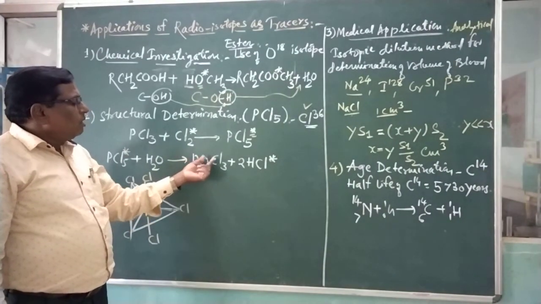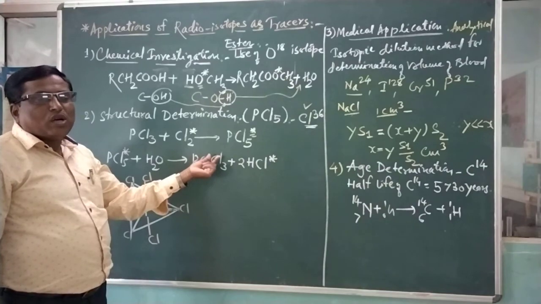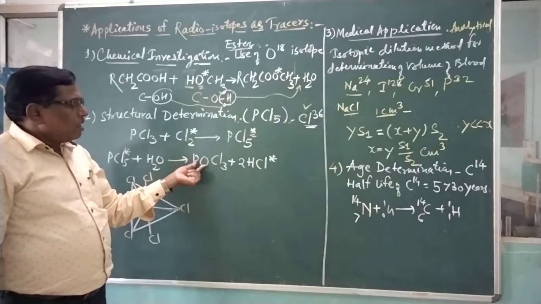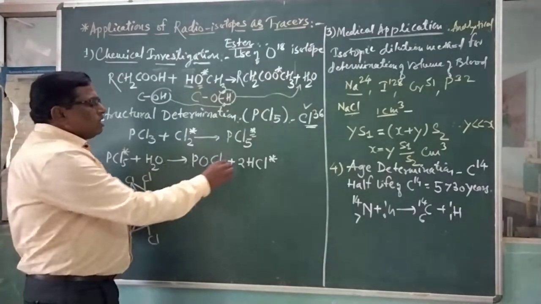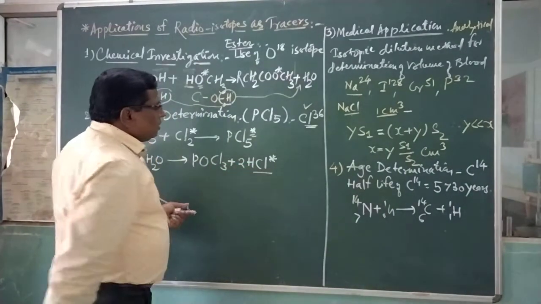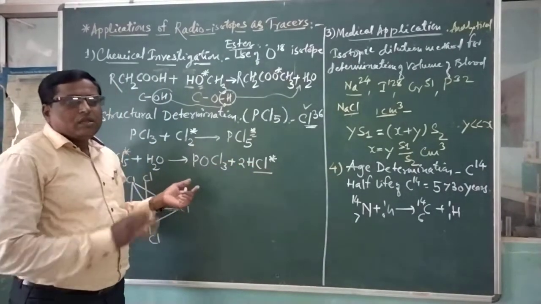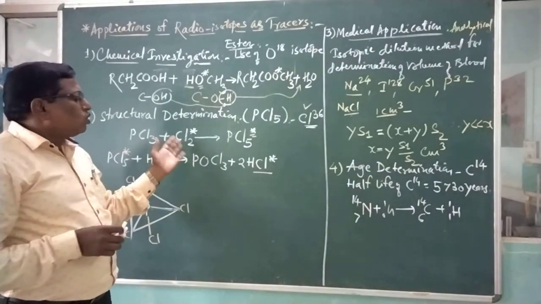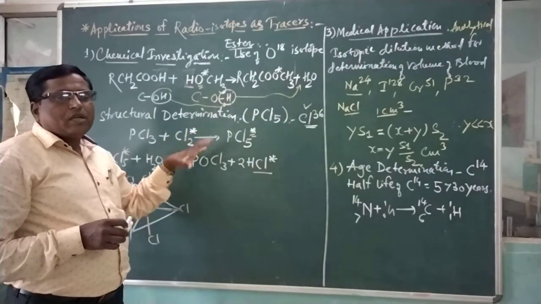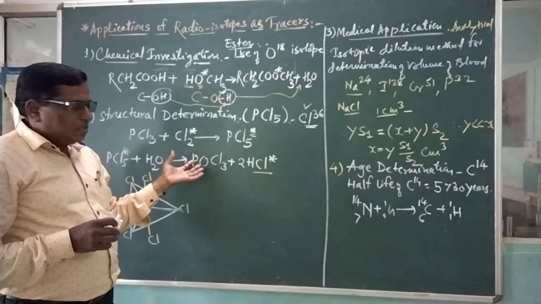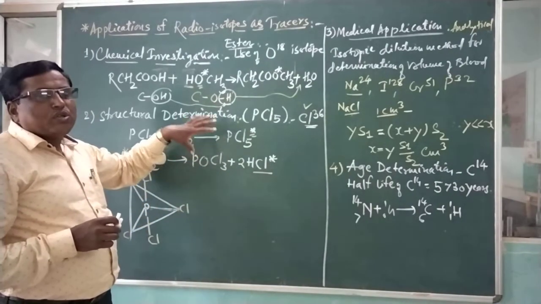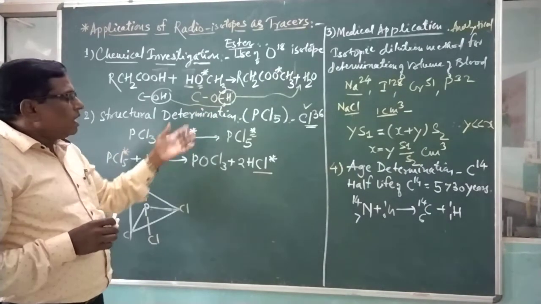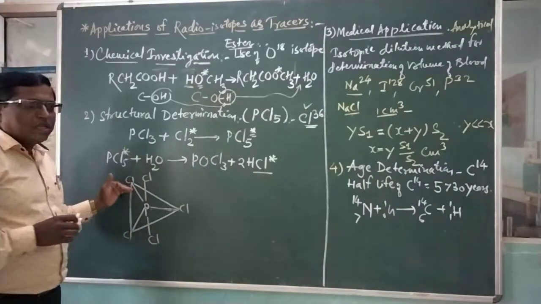POCl3 has only 3 Cl atoms which are not labeled, and the 2 Cl atoms which are labeled come out together. This gives the information that the two labeled isotopes are in different positions from the 3 Cl atoms.